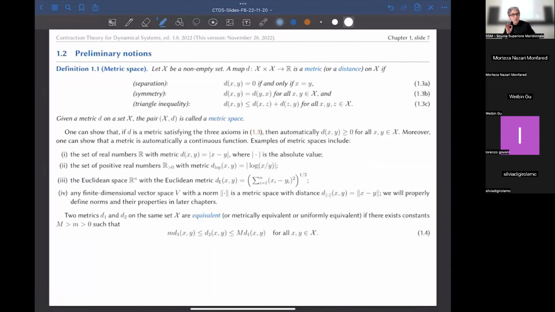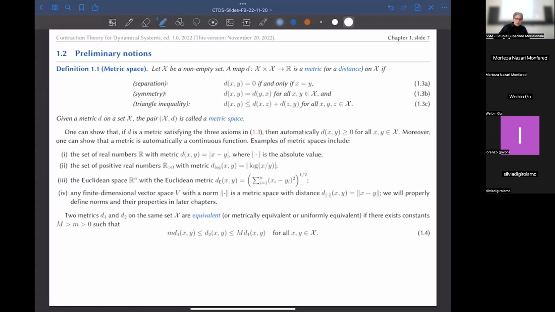So the Banach contraction theorem works in arbitrary metric spaces. So you don't have to be on a vector space with the norm of the difference. It could be an arbitrary notion of distance or metric. The word distance and the word metric are synonyms in what follows. So what's the distance or what's the metric? Well, it's very simple.